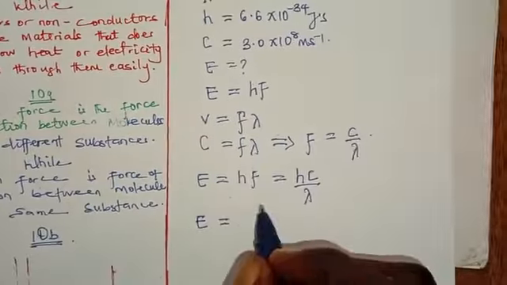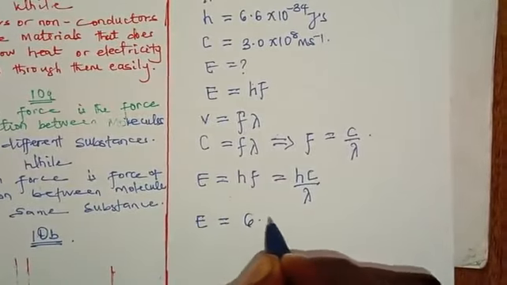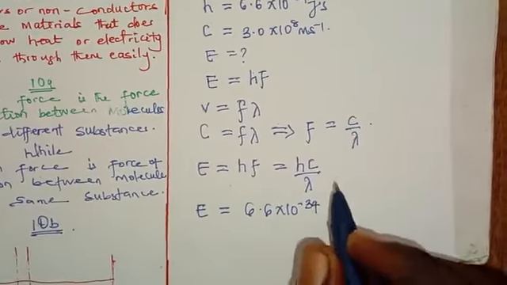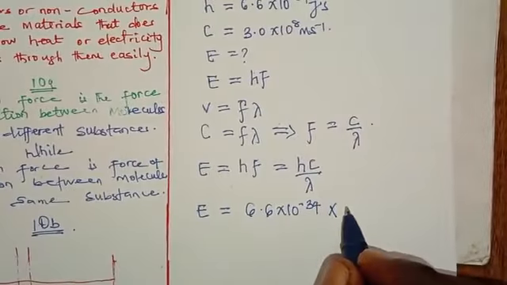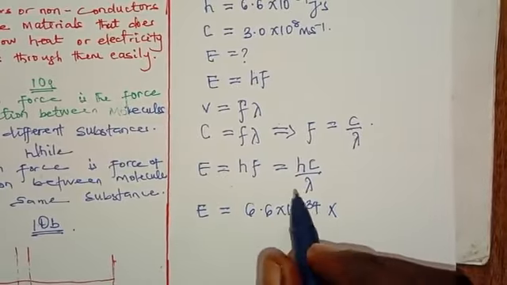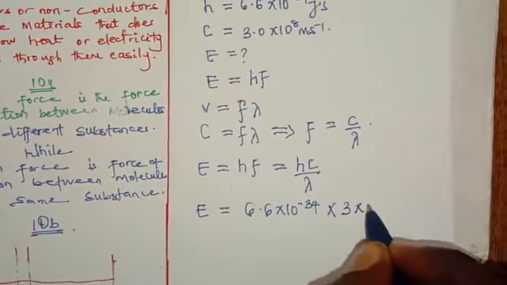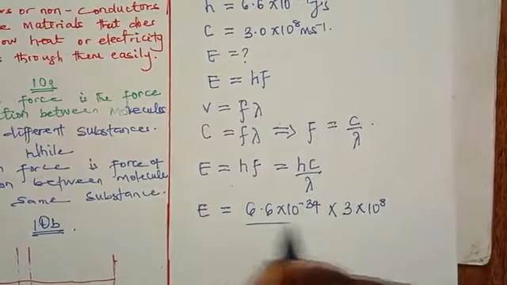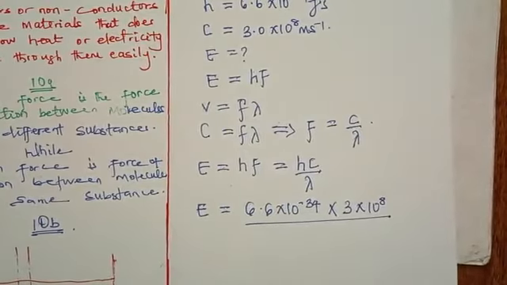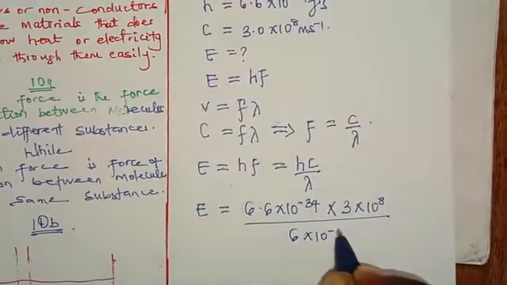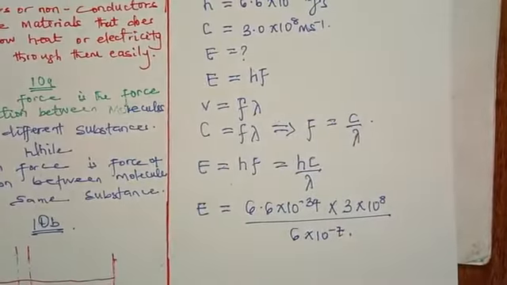So from here, our E is now equal to, what is our h? Our h is given to us to be 6.6 times 10 raised to power minus 34, multiplied by C, which is the speed of light, 3 times 10 raised to power 8, all divided by lambda, which is 6 times 10 raised to power minus 7 meter. Is that correct?